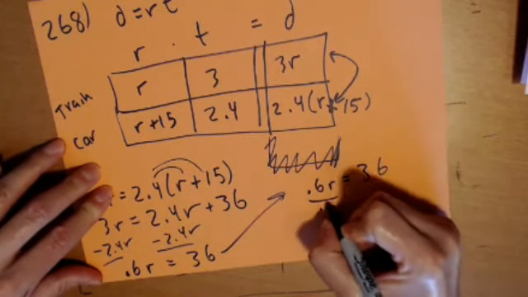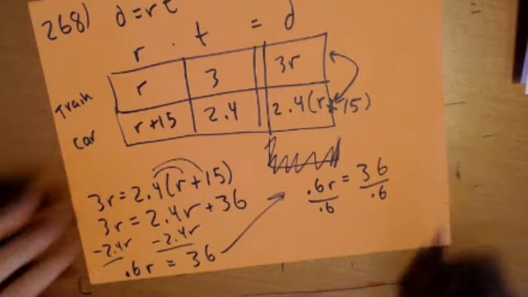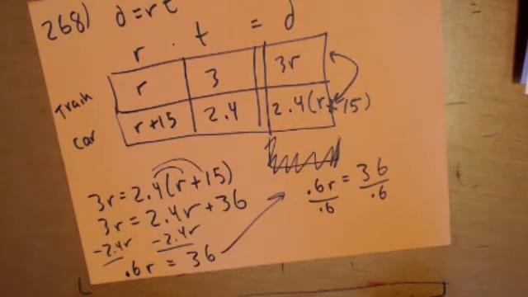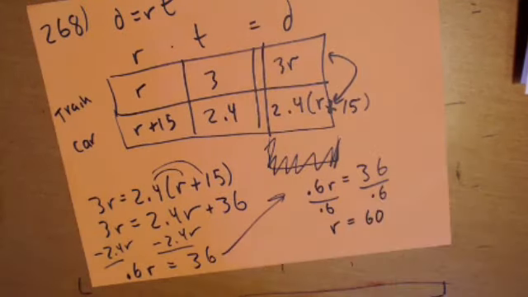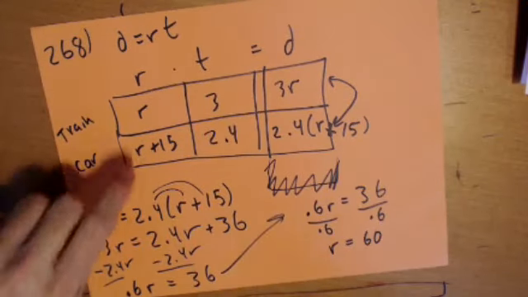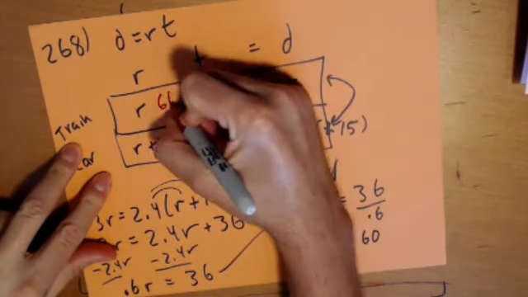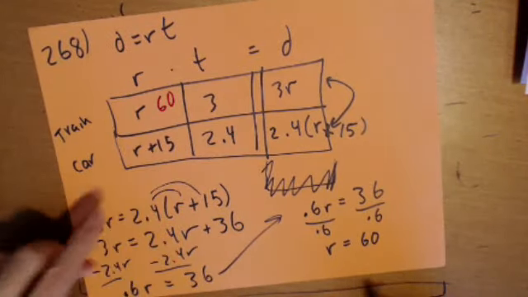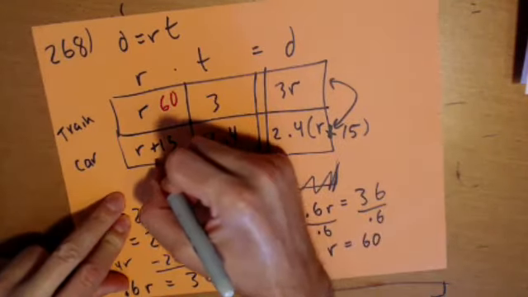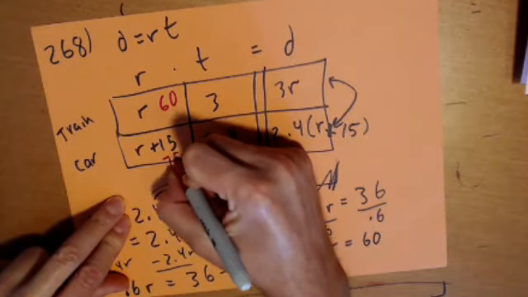Divide both sides by 0.6. 36 divided by 0.6 equals 60. R equals 60. Okay, so that means R, remember R is the train. So the train is going 60, and then the car is going 15 miles per hour faster. So 75 is the car, 75 miles per hour.